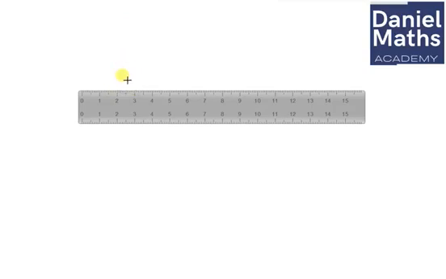I'm starting at 2, and then this is 10, 20, 30, 40, 50. Don't forget I started from 2. 50, 60, 70, 80, 90, 100. You can see that from 2 to 12 is exactly 100 millimeters.